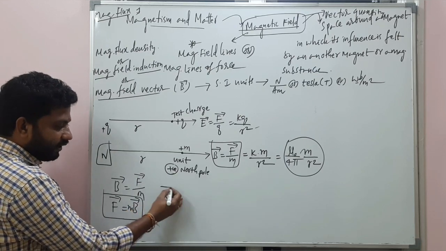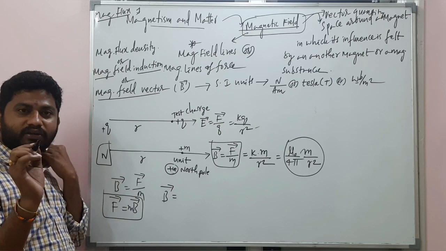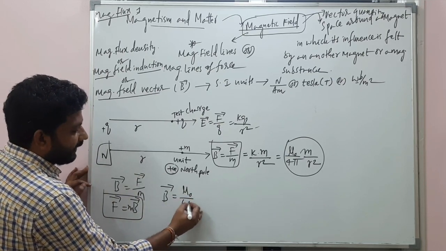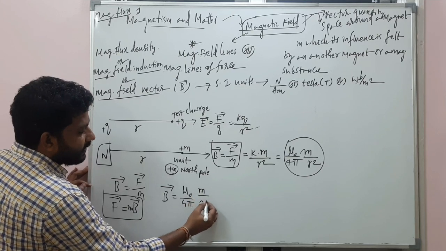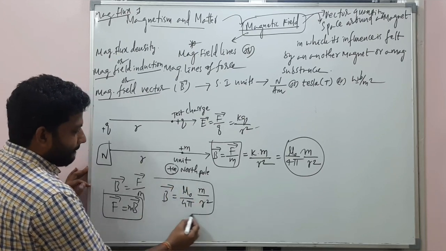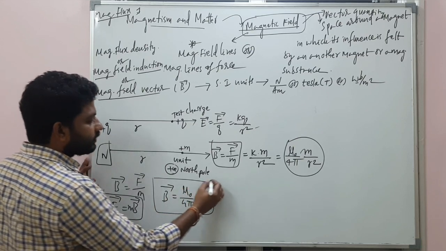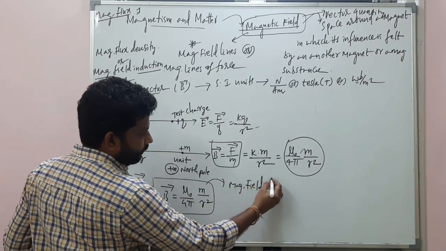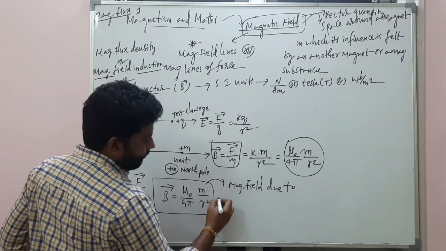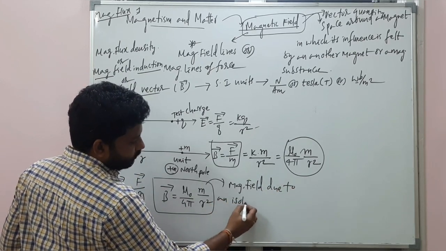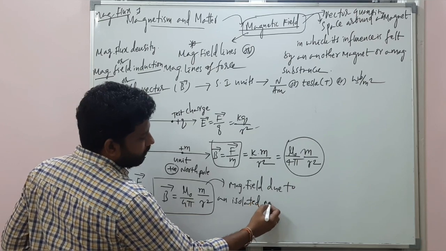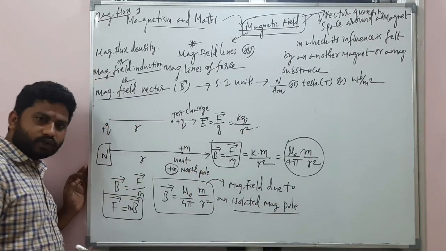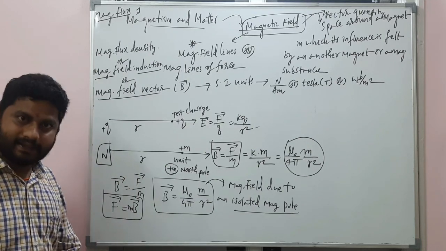So that is the magnetic field due to an isolated magnetic pole. Okay, so remember these two expressions.